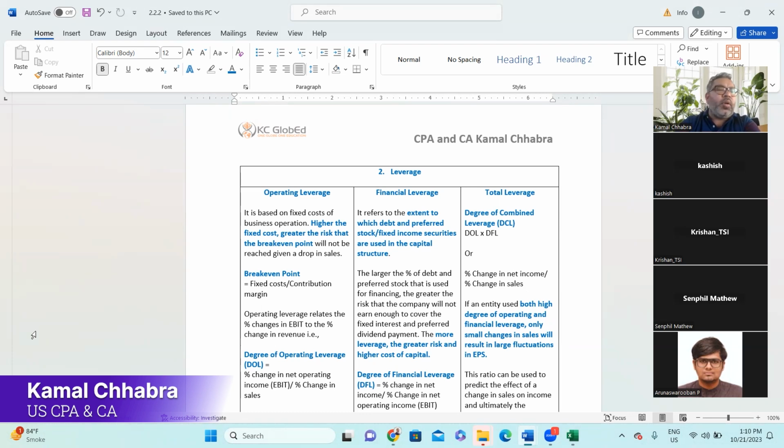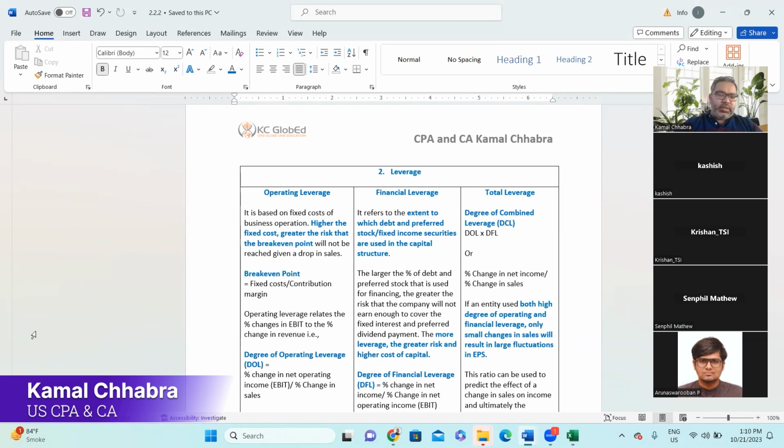Your sales minus variable cost will give you the contribution, and your fixed costs are those costs which you need to incur at bare minimum to run and manage the entire operation, right? So the break-even point is fixed cost divided by contribution margin, right?